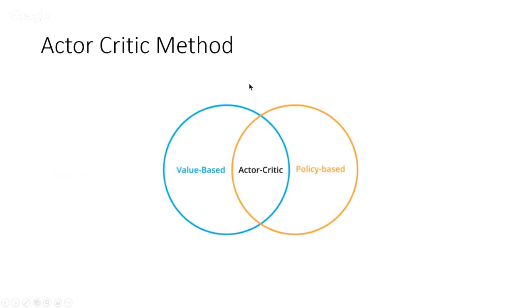So actor critic method is just a combination of policy based method and value based method, where the actor follows policy based method, and the network that computes the value of a particular action follows a value based method. Very straightforward, simple stuff.